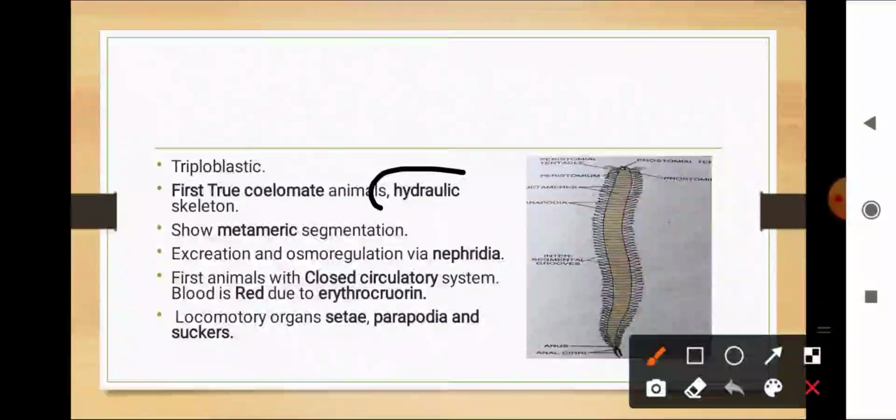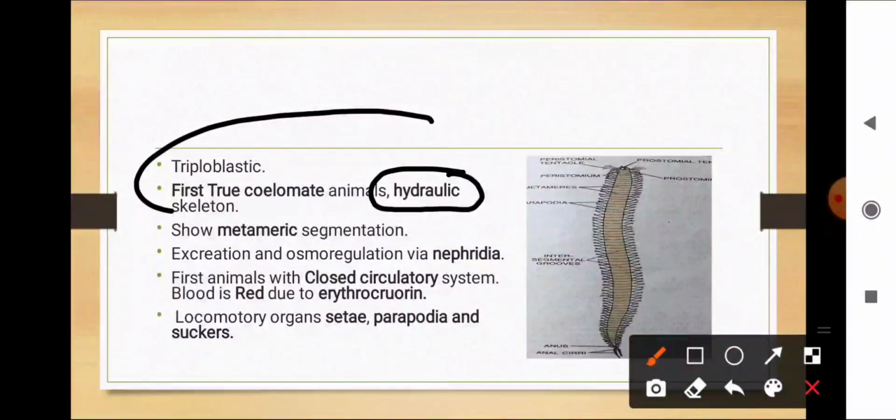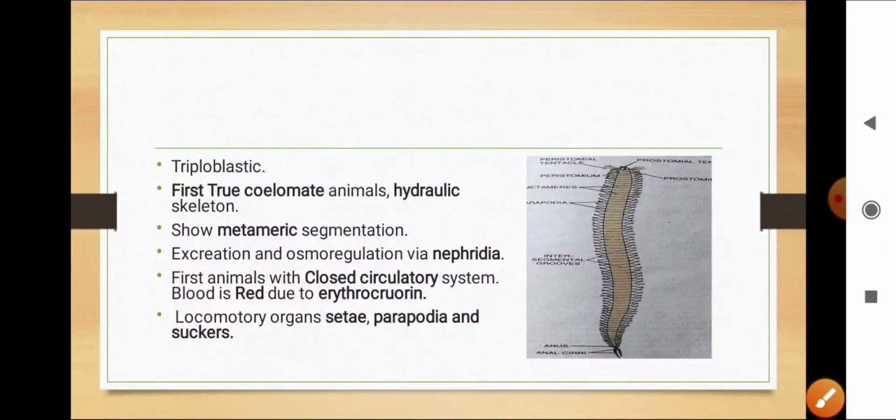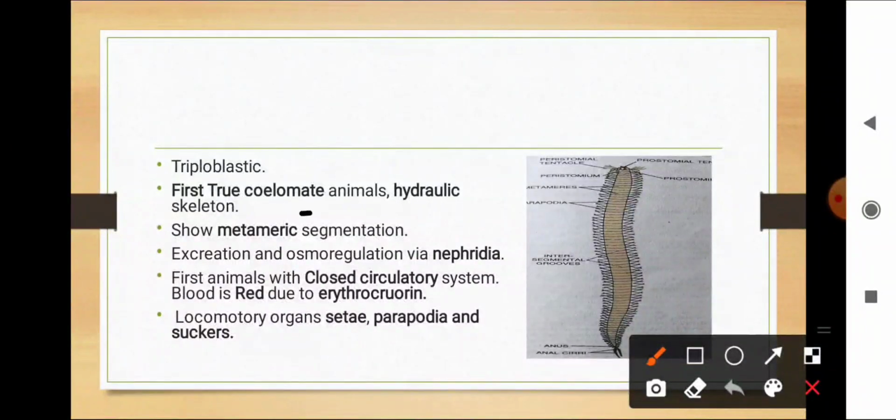Okay, so phylum Annelida is the first true coelomates, and the coelom is filled with water. That is why they have this hydraulic skeleton for positioning the body, for giving shape and protection to the body. The presence of water inside the coelom serves as a skeleton. And if we look at the segmentation, there is metameric segmentation.